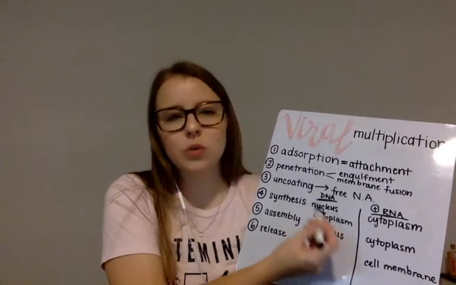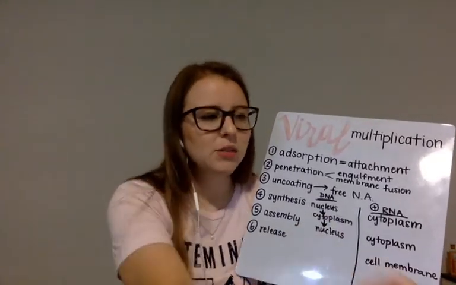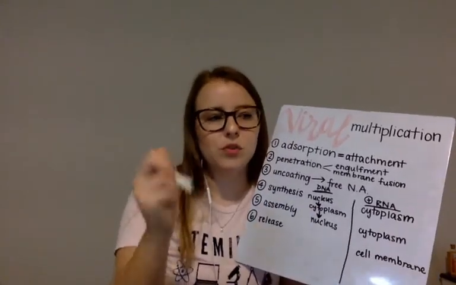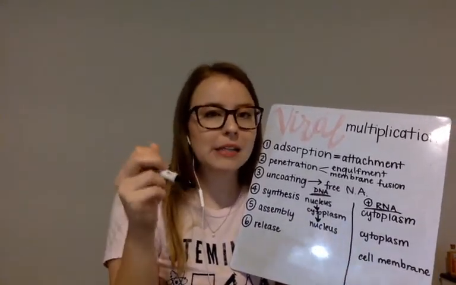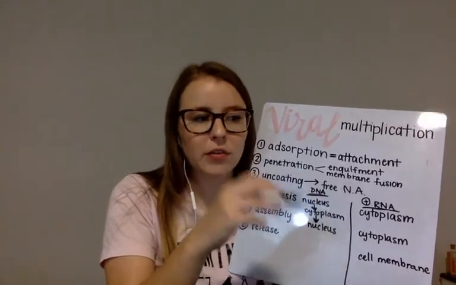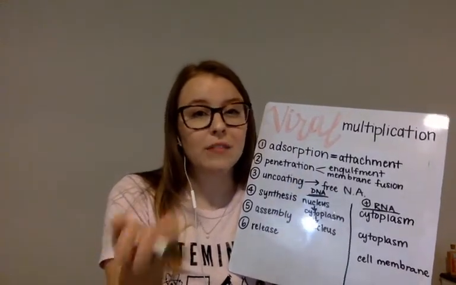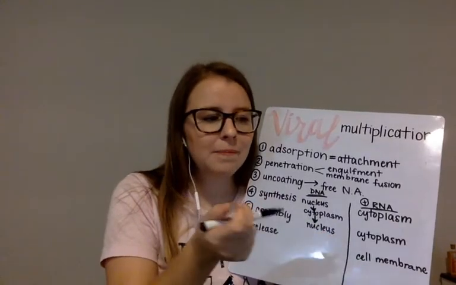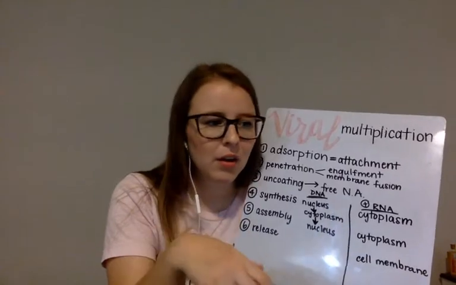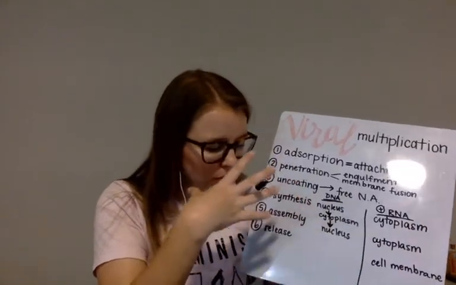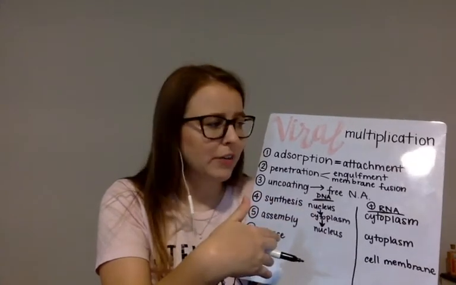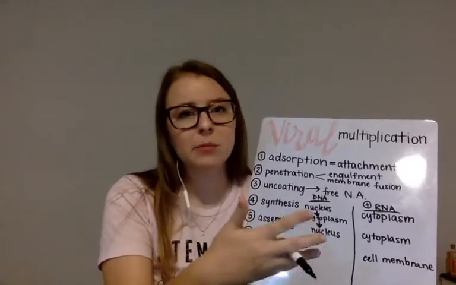You don't have to go through all these extra steps. Whereas the DNA is going to have to go through those extra steps, as well as any negative sense RNA would have to go through the nucleus, and in your ebook, it's going to show the difference of a positive sense RNA versus a negative sense RNA and kind of how those two play together. So overall, this should give you an idea of how DNA viruses and RNA viruses go through a very similar process.